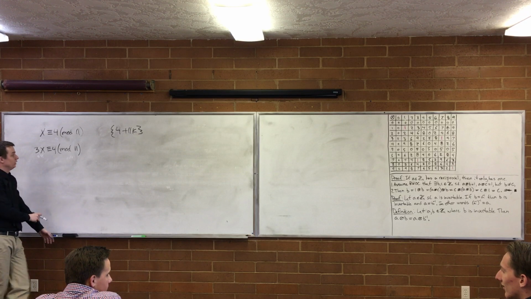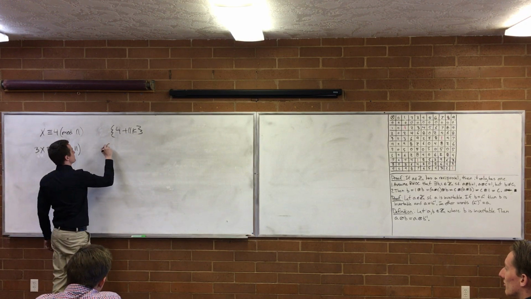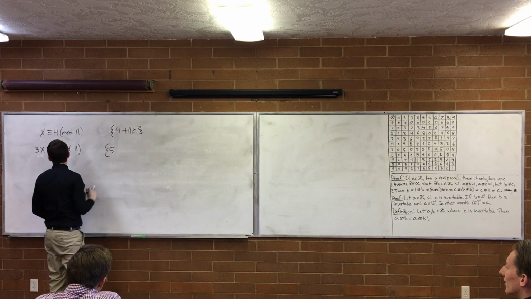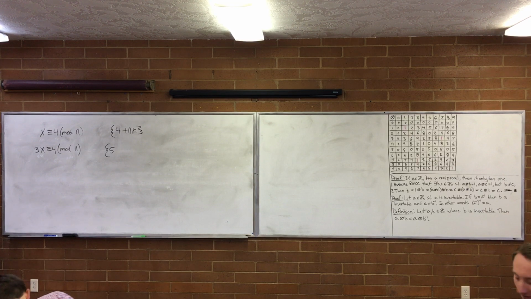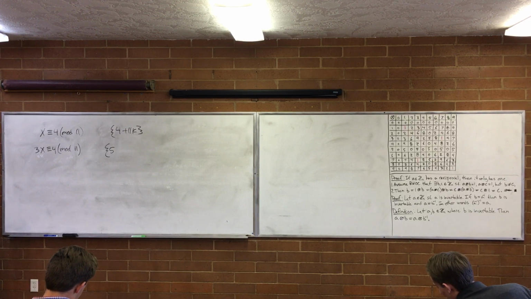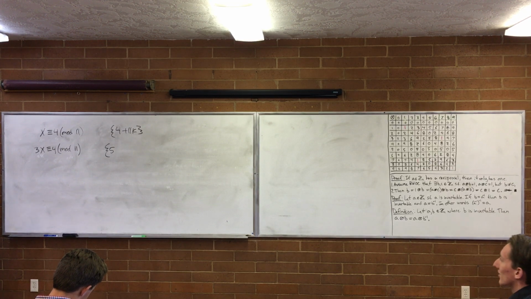Okay, so we know 5. What else would work? Feel free to use your calculator if you want. Not exactly sure where to start, what to start thinking about testing.